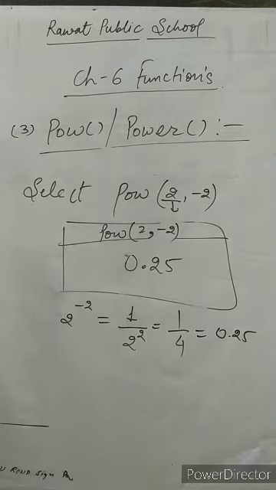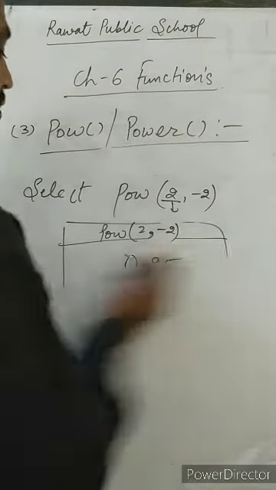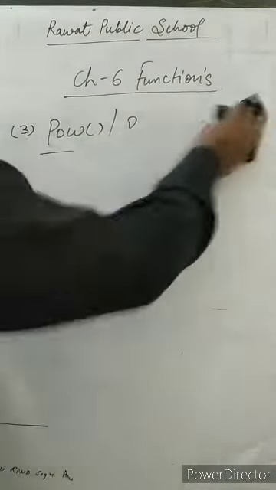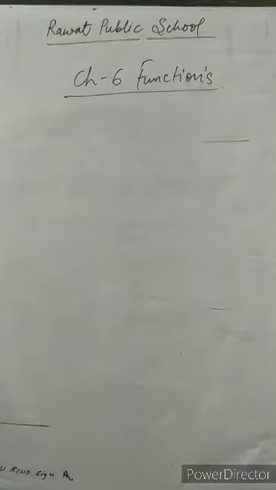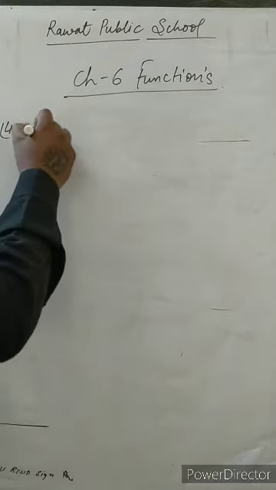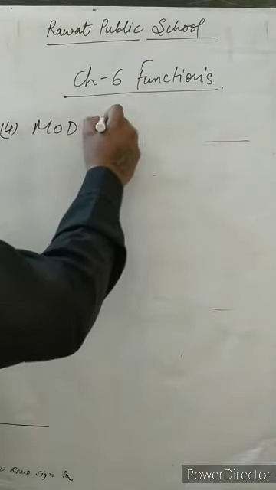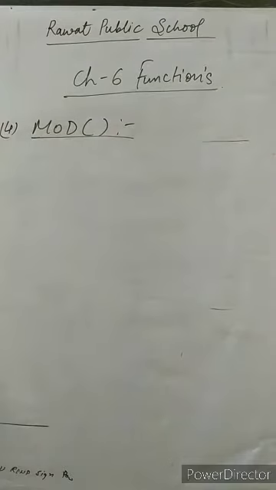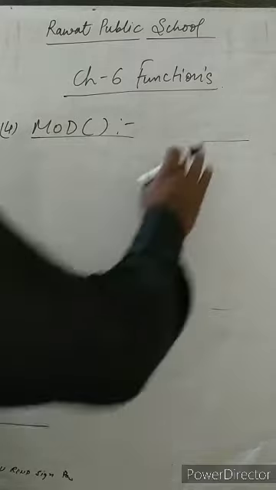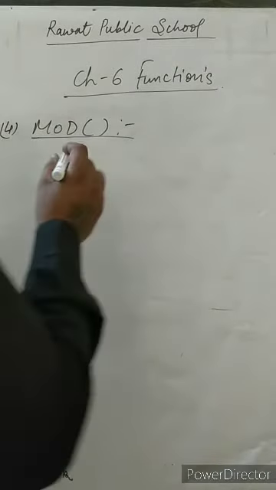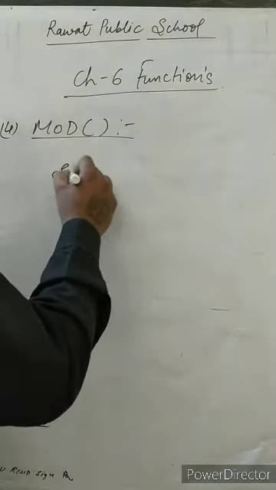Now I am coming over to the next function, that is also very important. The fourth function is your mod function. Students, this mod function is mostly used in Python as well as in MySQL. Now the mod function, how does it work? Students, look closely. Let me take an example.